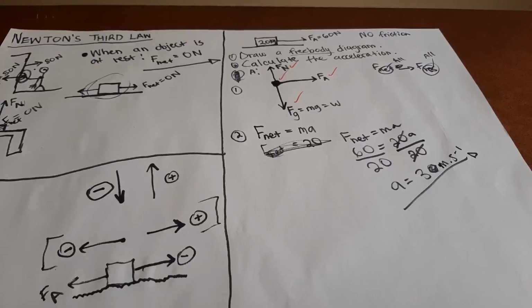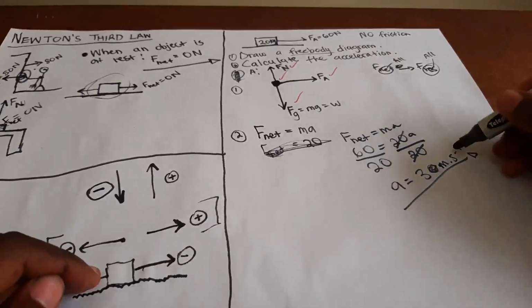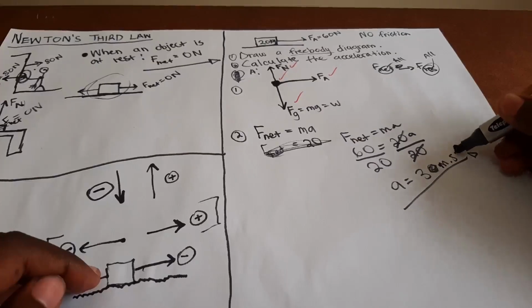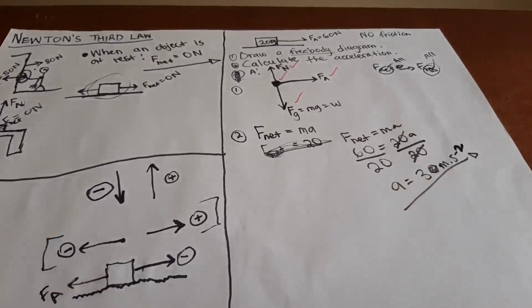So 60 divided by 20 becomes 3. So that's our acceleration, and it is correct. It's meters per second squared, sorry. I'm full of mistakes right now, don't know what's going on.